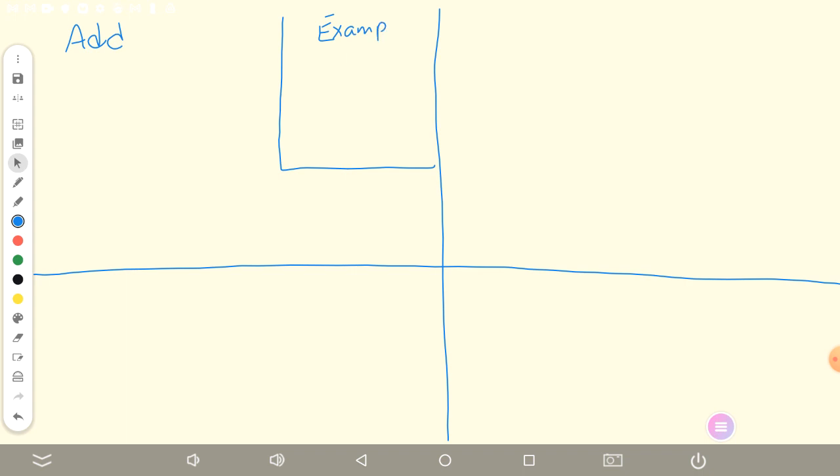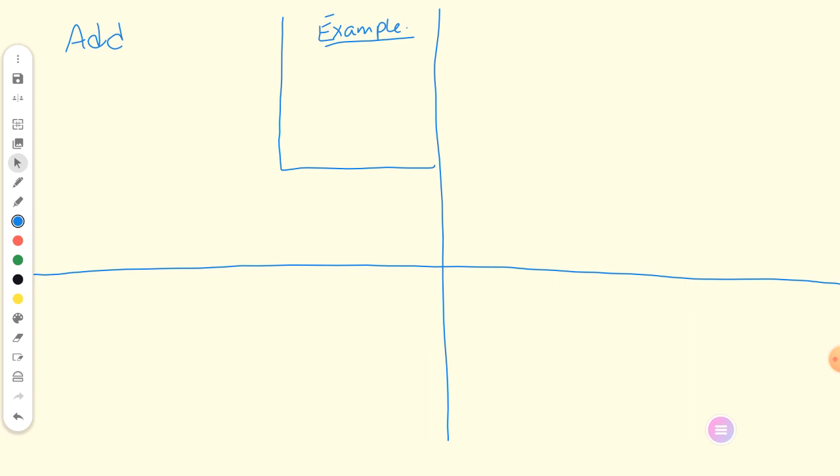Who thinks they can tell me the rule for adding decimal points? Maya? Okay, so you have to write small, line up the decimal points.